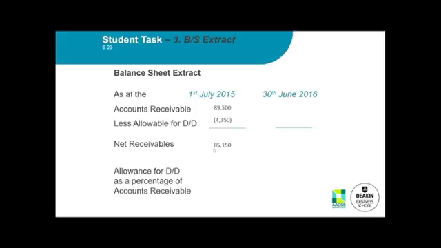Our net receivables for the previous year was 85,150, and as a percentage it comes to 4.86. This year we had 103,700 less our allowance, so our net receivables have gone up to 96,600. As a percentage it's quite a bit higher, about 2% higher, at 6.8.